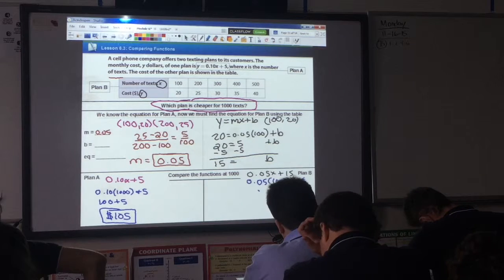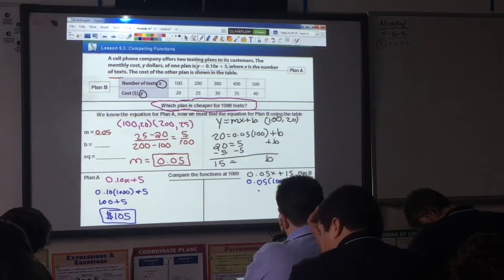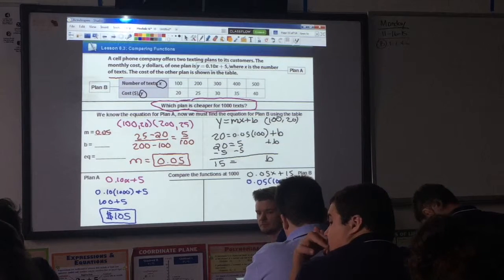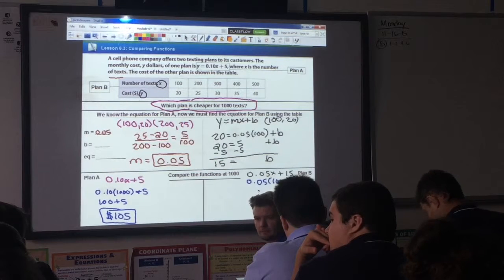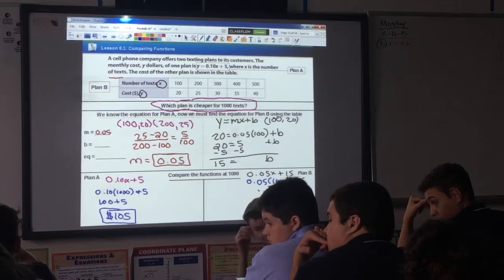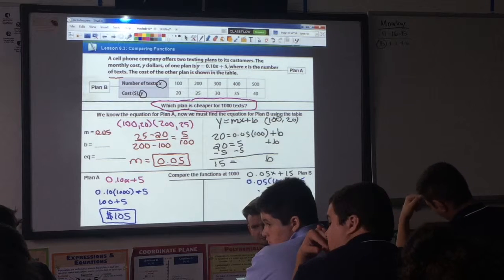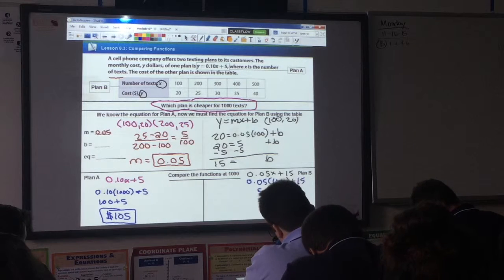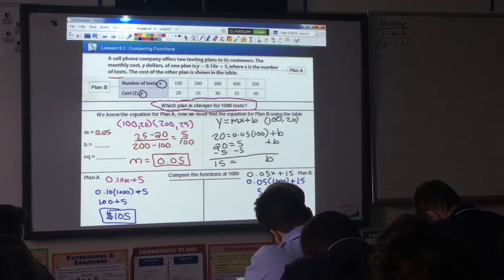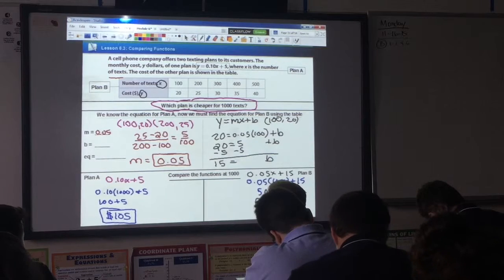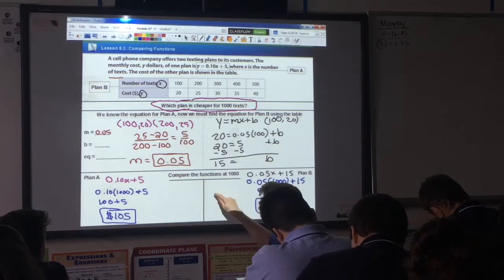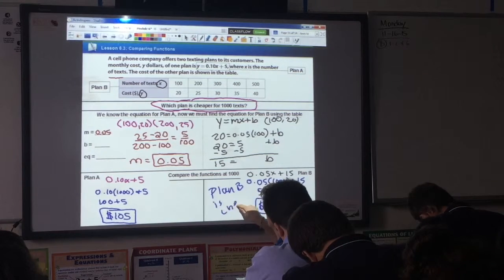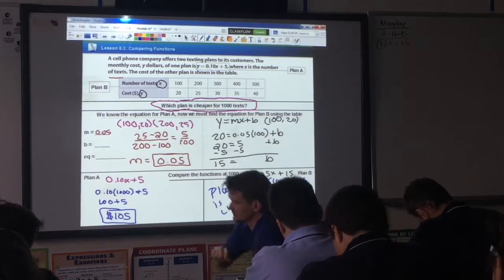Okay, and then what is 0.05 times 1,000? $50. 50, good. So we get 50 plus 15. We add that together, that's going to give me $65. So which plan is cheaper for 1,000 text messages, guys? Plan B. When in doubt, use plan B. Plan B is cheaper.